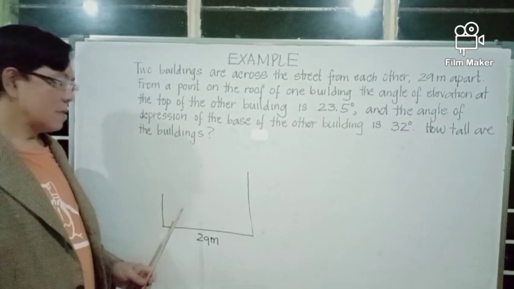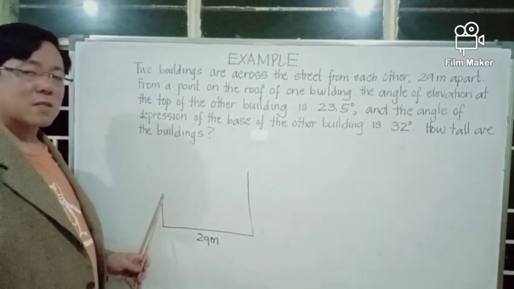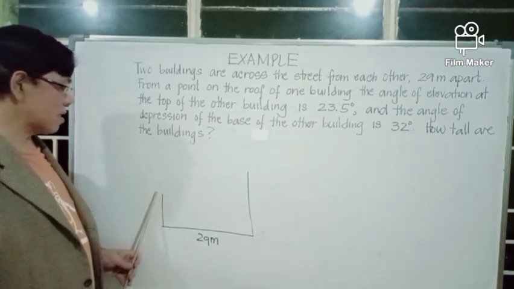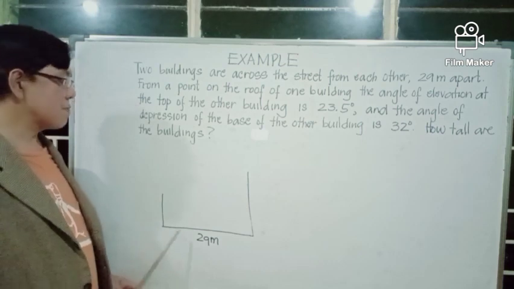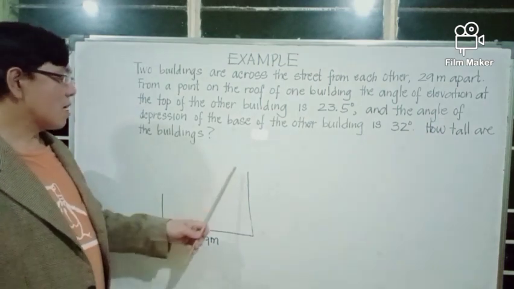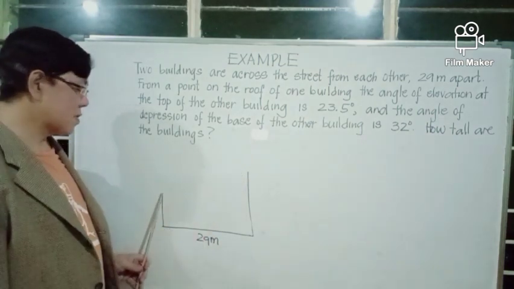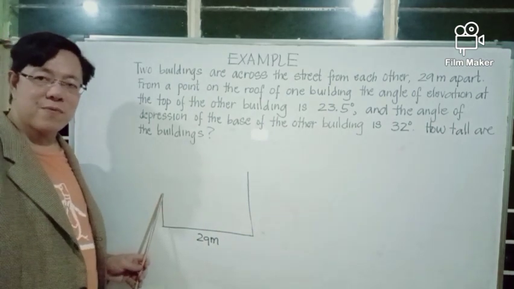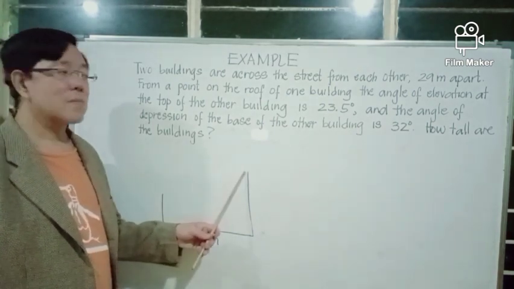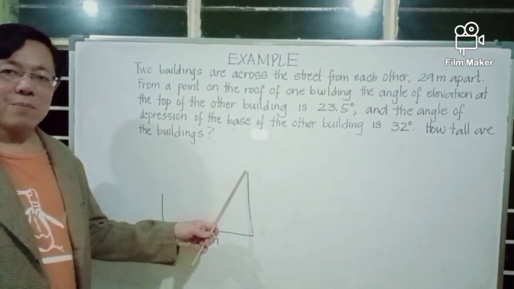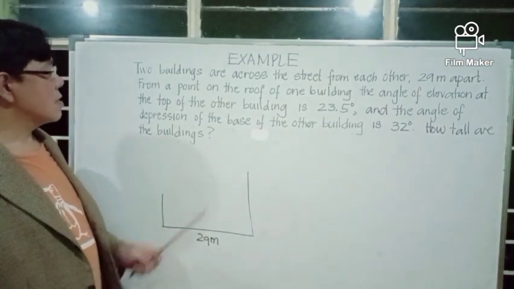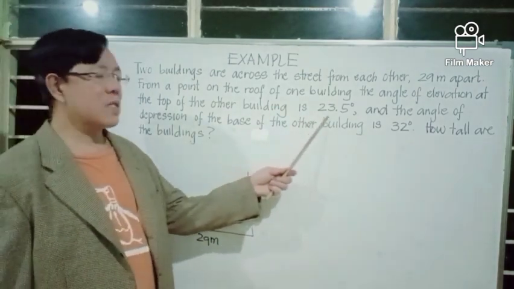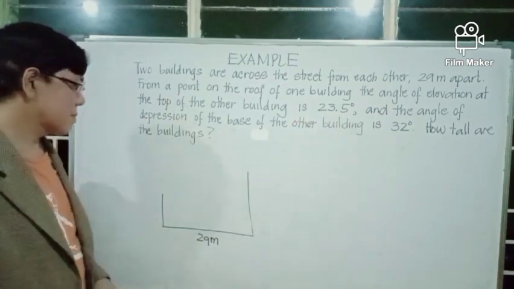We take this as the first building. There is an angle of elevation from the roof of the first building to the top of the second building. And that angle of elevation is 23.5 degrees.